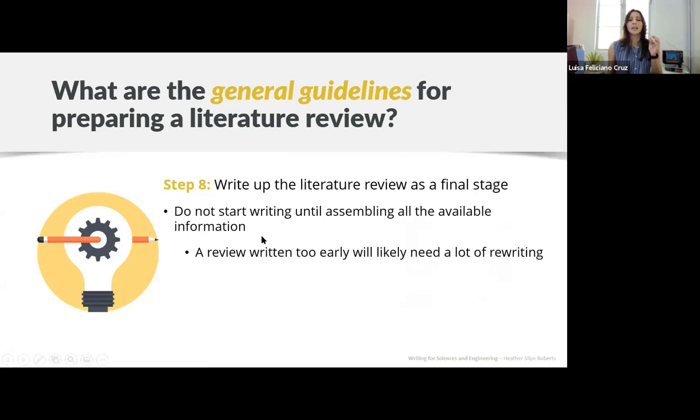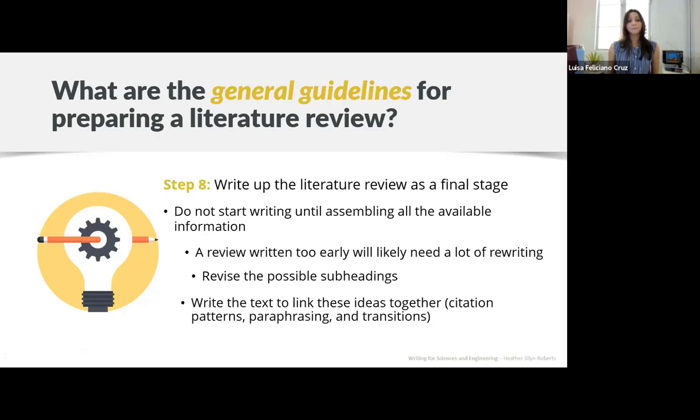So it's better to get all the information together, and after that you can start writing. Once you start writing, you can revise the subheadings that you selected. You can merge them, combine them, or eliminate subtopics that you find at the end are not necessary or appropriate.